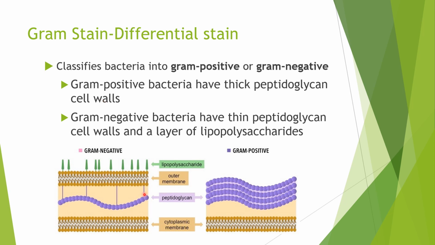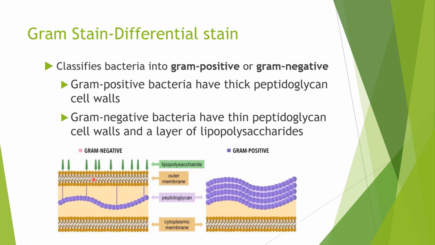So this is an image to kind of show you what I'm talking about. This is the plasma membrane. Both gram-positive and gram-negative bacteria do have a plasma membrane, and then they have a cell wall. This is the layer that we are talking about, the peptidoglycan layer in the cell wall. Notice how some bacteria have a very thin layer of peptidoglycan.